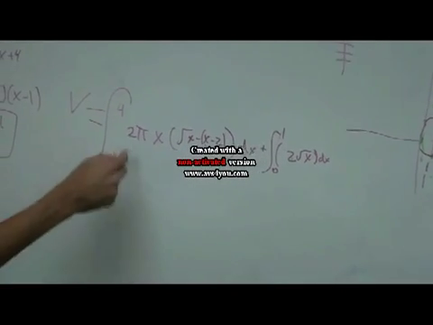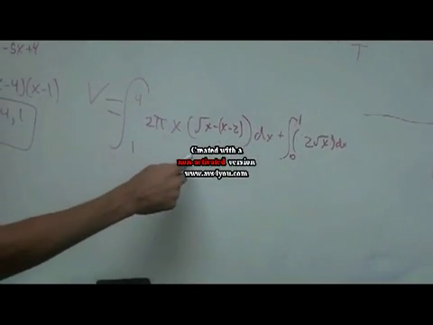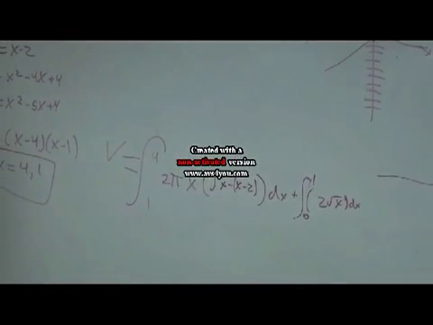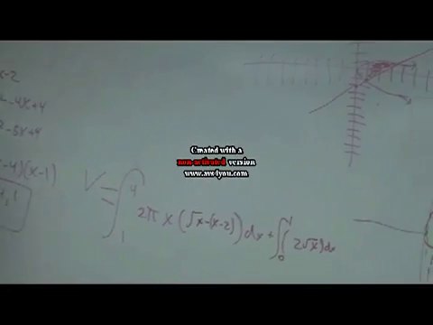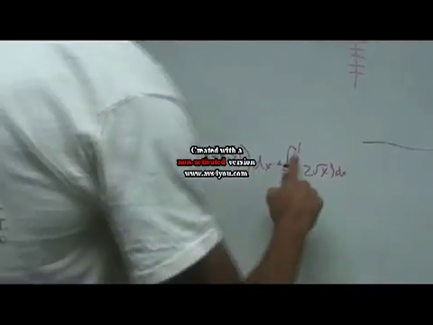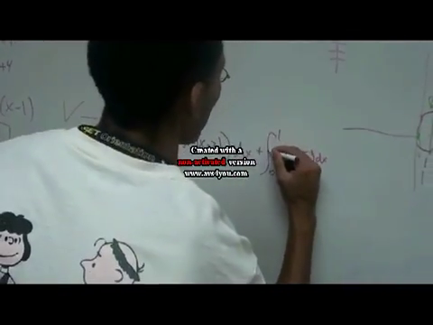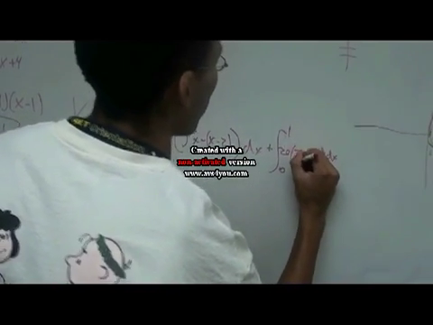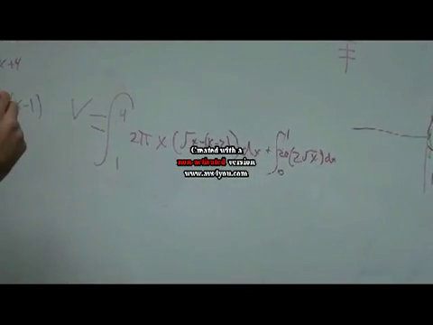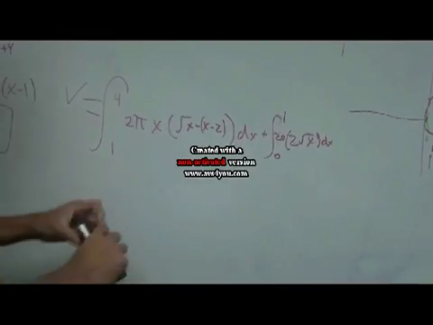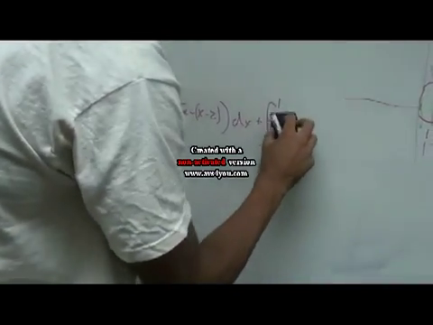So our volume is going to equal the integral from 1 to 4 of 2 pi x times root x minus 2 dx plus, and here, this needs to be a 2 pi right there. I know it's kind of hard to see. Times the integral of 2 pi. And actually, messing up all over the place today.